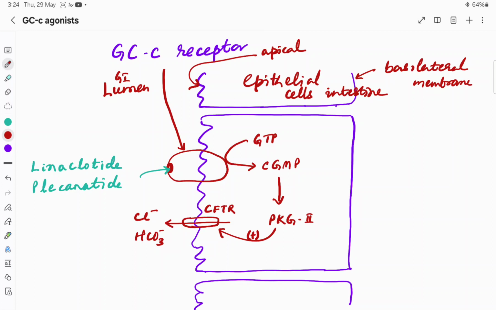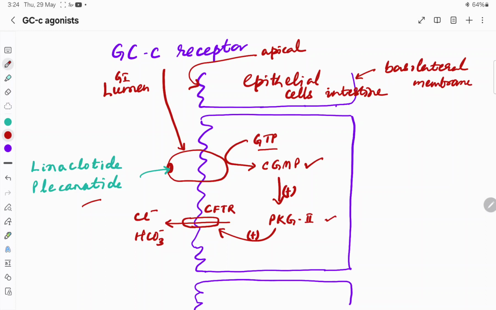There are drugs like linaclotide and plecanatide. They act as agonists on the guanylate cyclase C, which activates it to convert GTP to cyclic GMP, and in turn cyclic GMP activates protein kinase G2, and protein kinase G2 activates the CFTR.